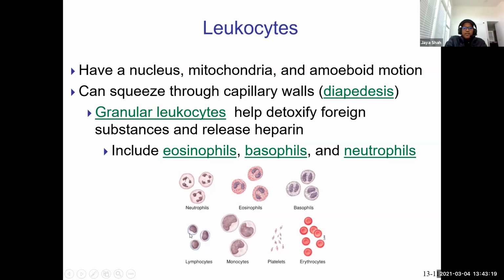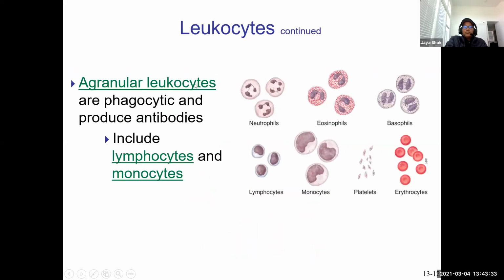On the other hand, the agranulocytes, which are lymphocytes and monocytes, if you look into their cytoplasm, they have no granules. That's why we call them agranular leukocytes. So these lymphocytes and monocytes are agranular leukocytes.